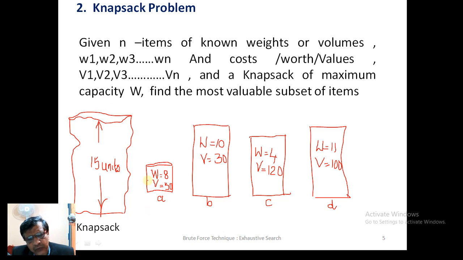Anyway, this reduces to finding subsets from a set, and you are going to find an optimal subset among the subsets.